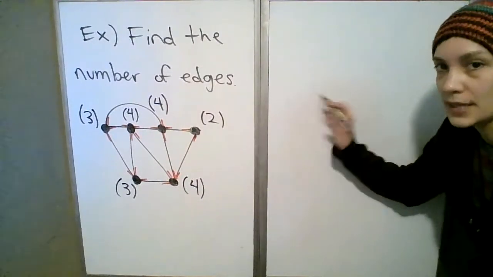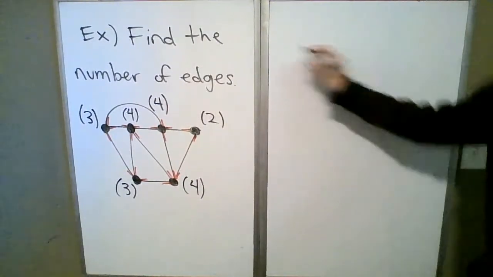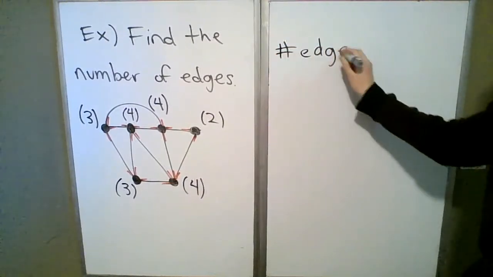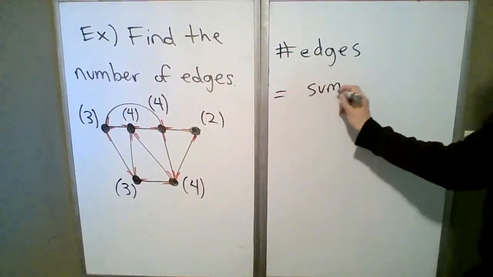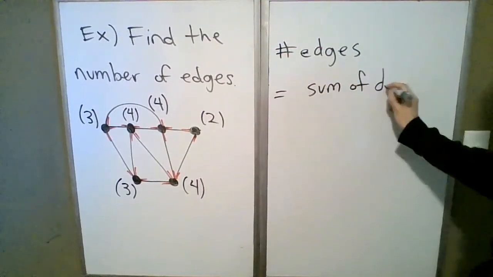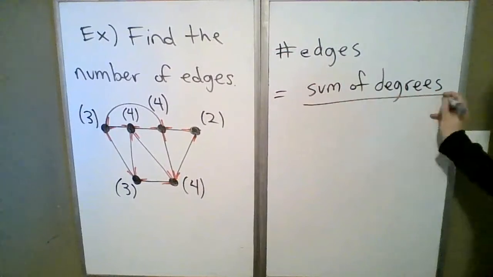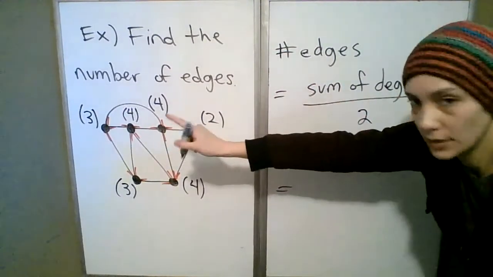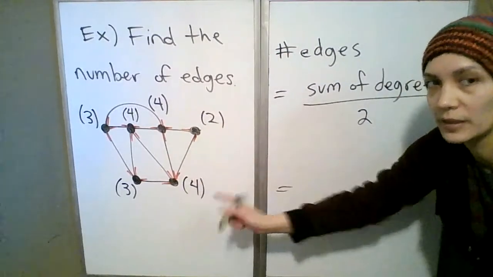From the theorem, the number of edges is the sum of degrees divided by 2. In this graph, we're going to go with 3 plus 4 plus 4 plus 2 plus 3 plus 4.